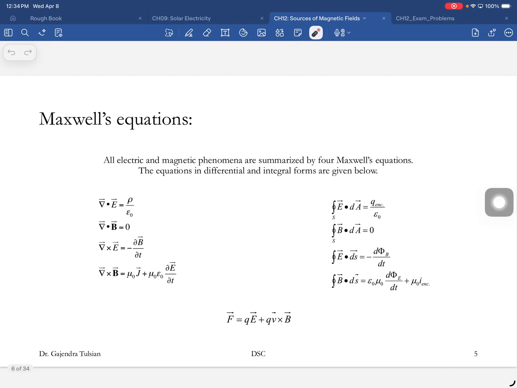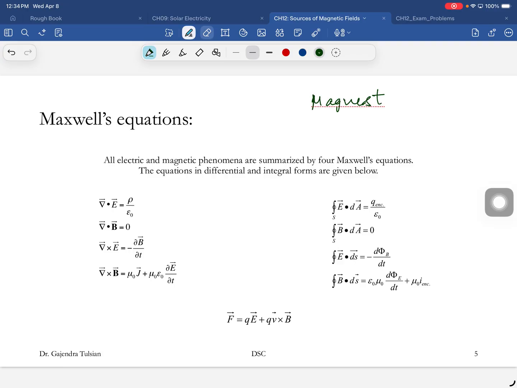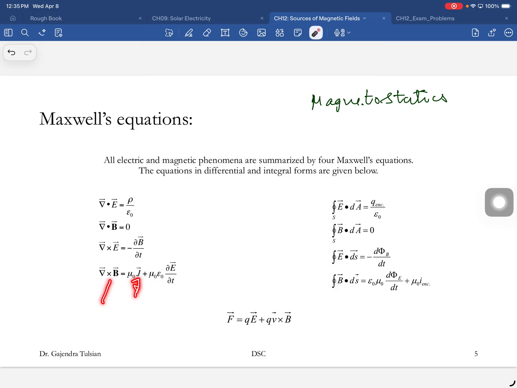So this chapter is about moving charges producing magnetic fields. What we are studying is a subject called magnetostatics. What that means is we are studying currents producing magnetic fields.